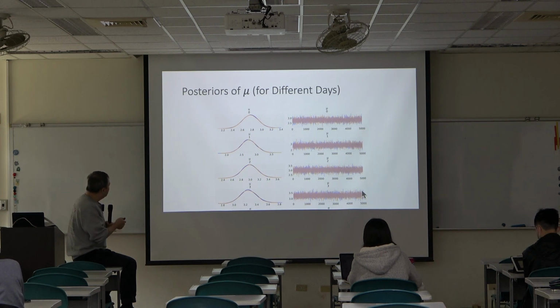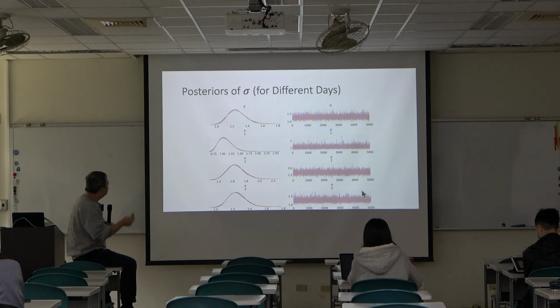And this is sigma. Again, we have 4 different sigmas: sigma 0, sigma 1, sigma 2, and sigma 3. They obviously are distributed quite differently.